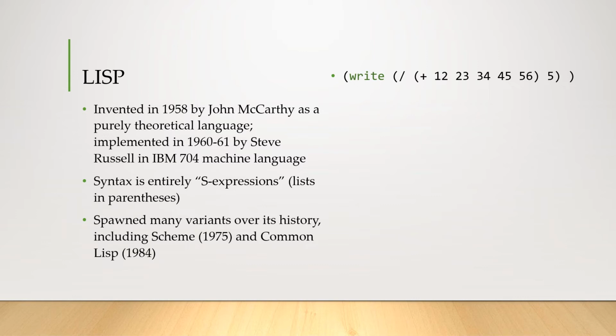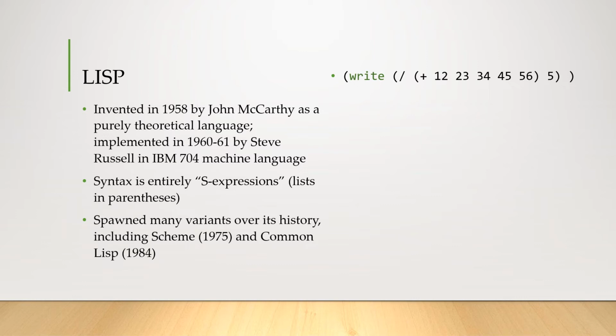So plus 12, 23, 34, 45, 56 means add up those 5 numbers. Divided by the result of that sum, 5, means you take the result of that sum and you divide it by 5. And the result of everything else means you wait until you've done all that calculation and then you write the value to the screen.